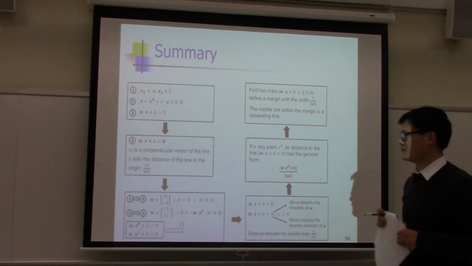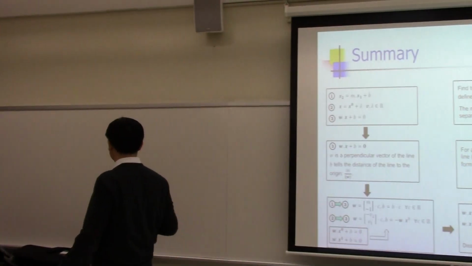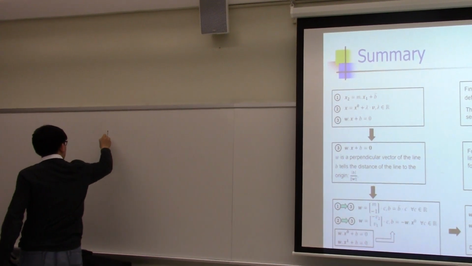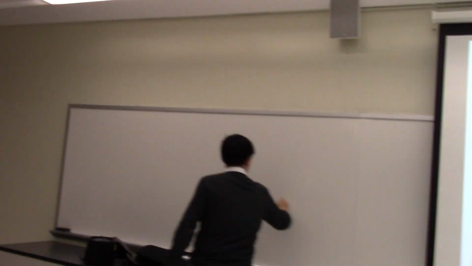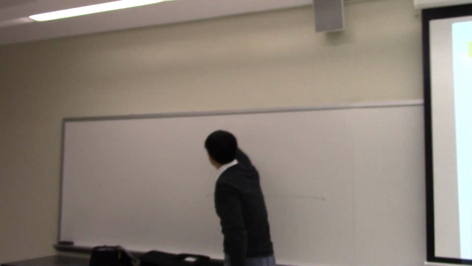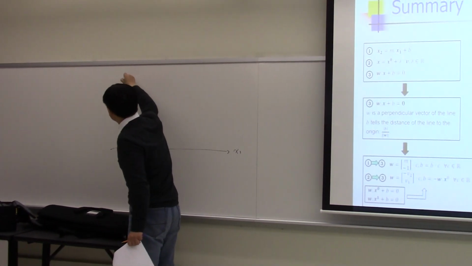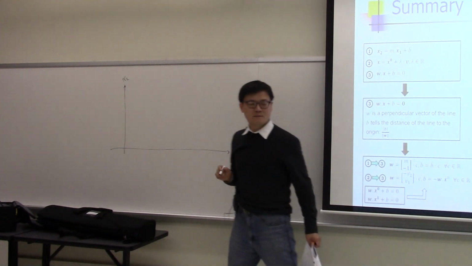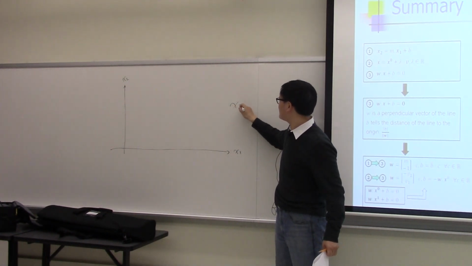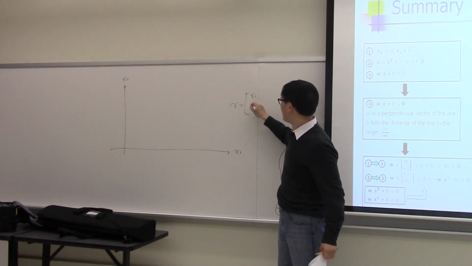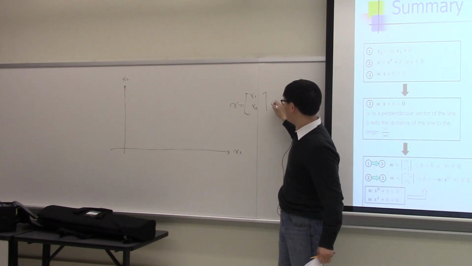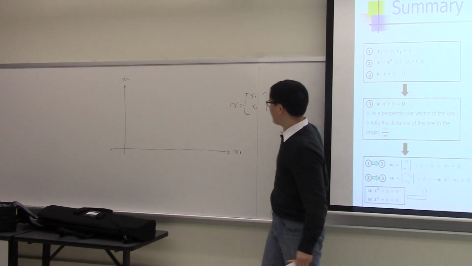Suppose we have two dimensions, x1, x2, and x equal to (x1, x2), which means x belongs to R2.